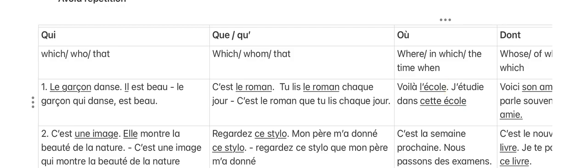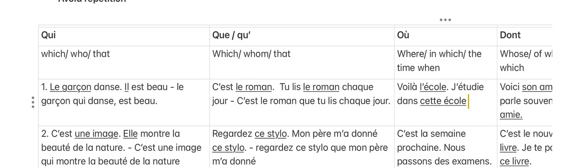Voilà l'école. Here is the school. J'étudie dans cette école. I study in this school. Again, in these two sentences, the repeated word is école. So to avoid this repetition and to join the two sentences into one, we will be using the simple relative pronoun où.